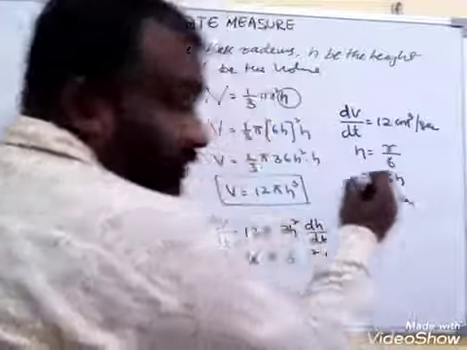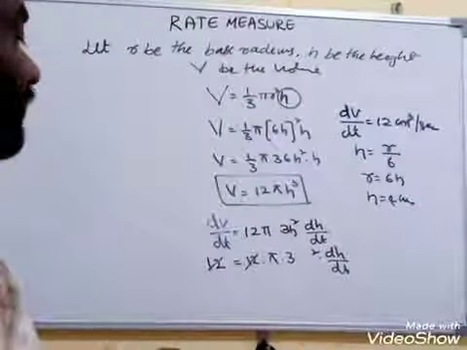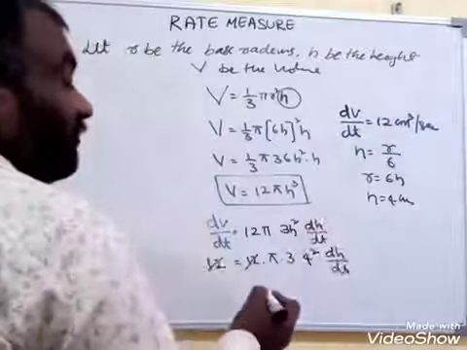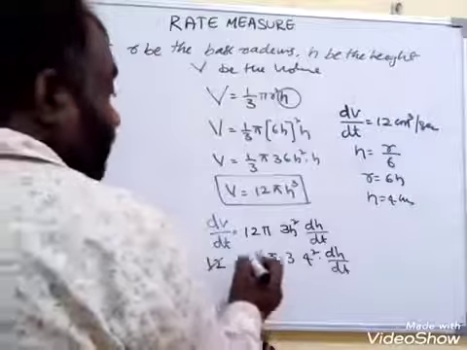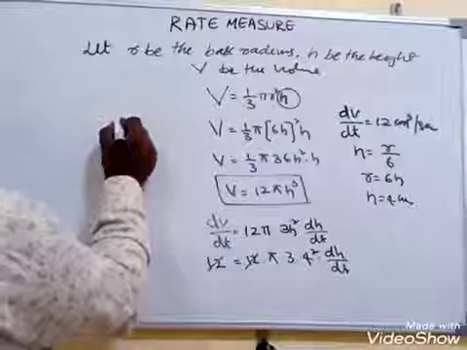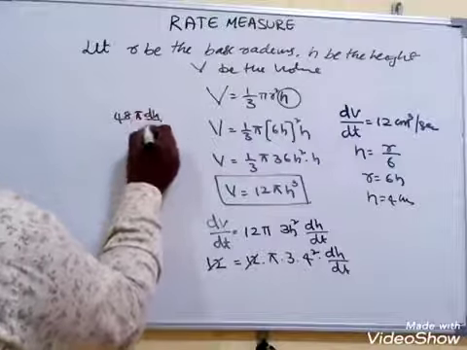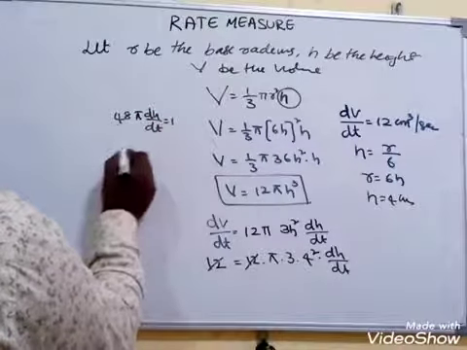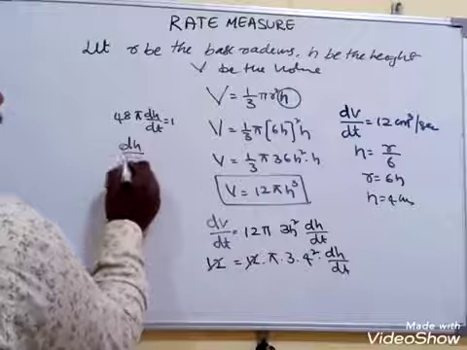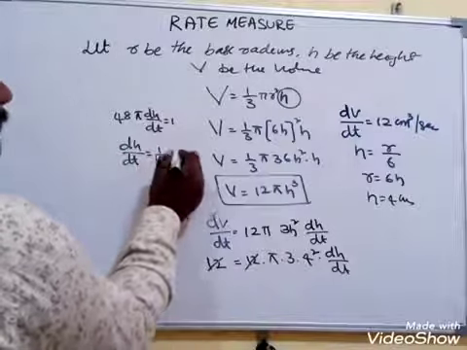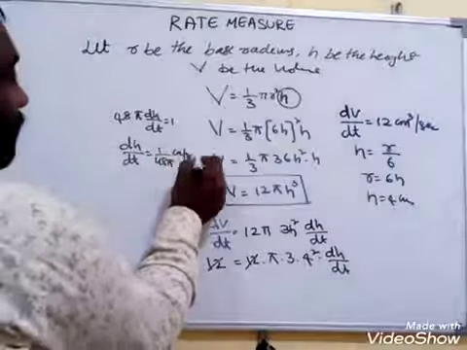When the height is 4 centimeters, we get 4 square, which is 16, times 3 is 48. That means 48 pi dh by dt is equal to 1. Therefore, dh by dt is equal to 1 by 48 pi centimeters per second.